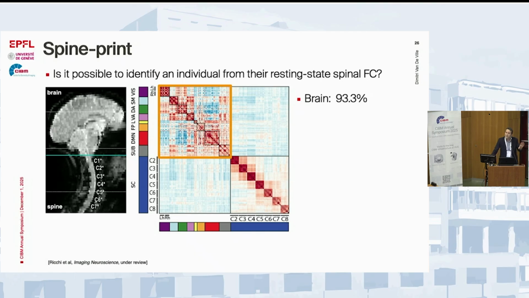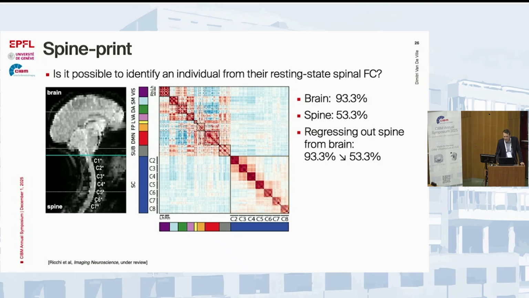If we only use the brain functional connectivity, this can be done very well. It gives more than 90% accuracy. If we only use the spine, we lose quite a bit. We go to 50%, but which is still largely above chance level. So it is possible to identify somebody from spine-only connectivity.